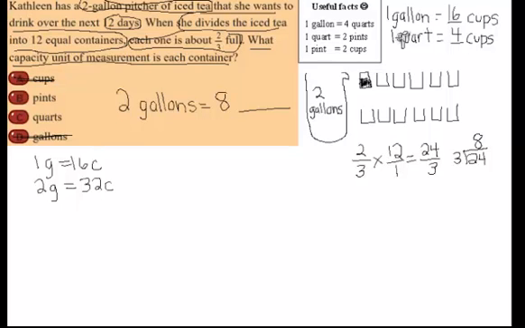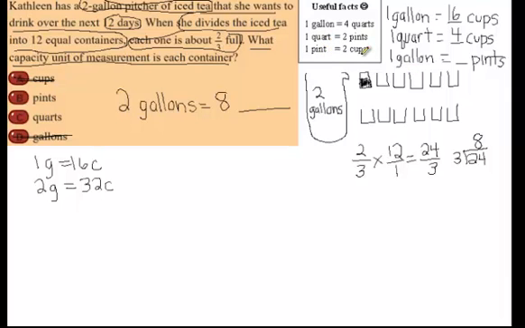Let's just find some more room down here. 1 gallon equals how many pints? Well, let's see. If we can figure that out, there are only 2 answer choices left.